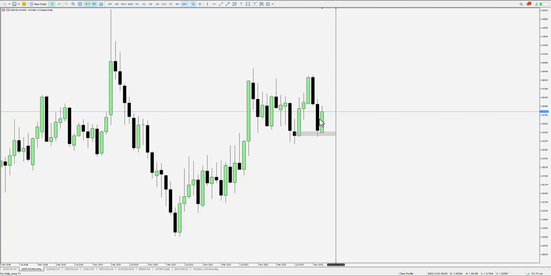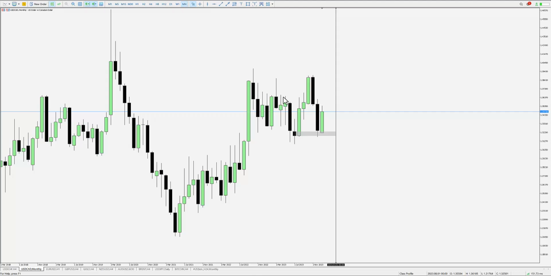On the monthly chart, you can clearly see we've got price finding support inside a monthly bullish order block. That means the higher time frame monthly bullish order block has provided support. So when you go onto the weekly chart, you need to see price trading to the upside from a discount area.